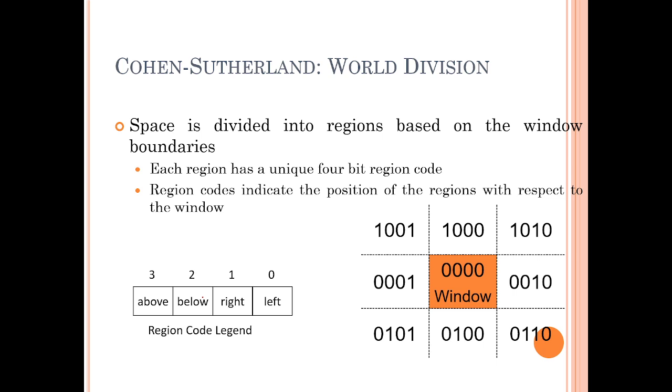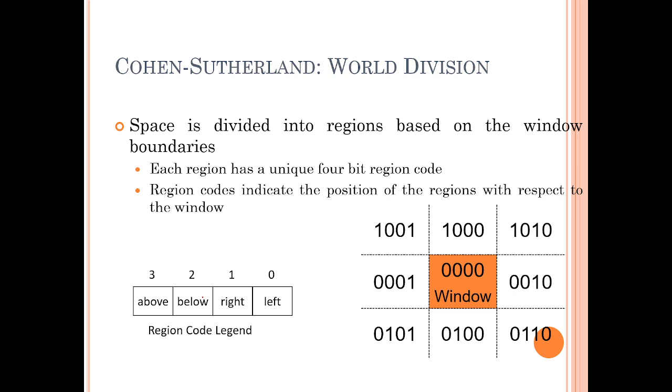Now when all the bits are zero, it is inside of the window, and all the remaining are outside of the window. So based on these region codes, we can calculate which line or which point is inside the window and which is outside.